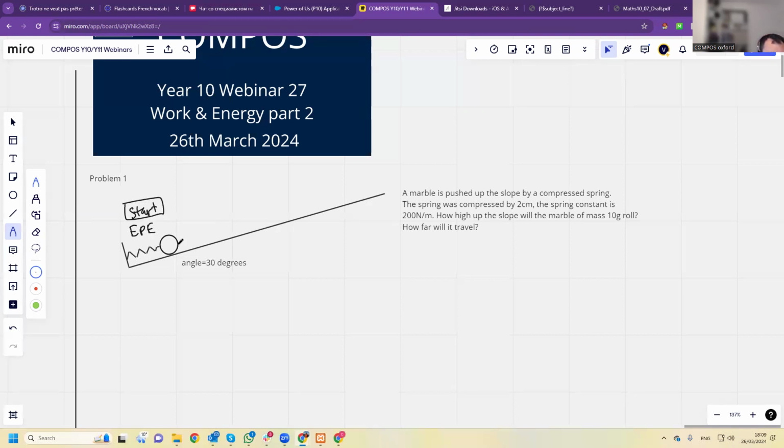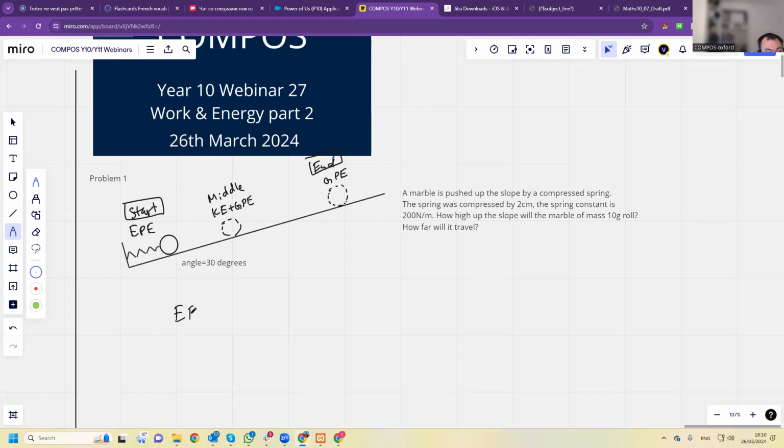And at the end, the ball is here. It's reached the maximum height and it wants to roll down. So at the end, it only has gravitational potential energy. In the middle, it has kinetic energy plus gravitational potential energy, but we don't care about the middle. We only look at the start and the end.